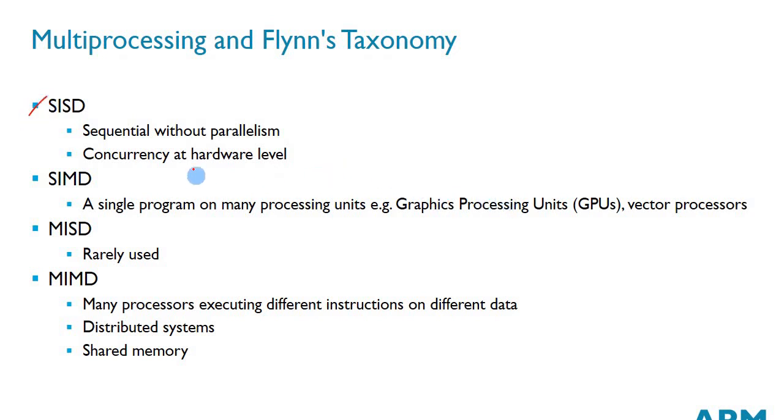Concurrency at the hardware level. In this case, hardware level is talking about hardware subsystems that can behave or operate concurrently regardless of the software. For example, if I have already configured my PWM block to operate at a particular rate and duty cycle, it can go on indefinitely without any software intervention.